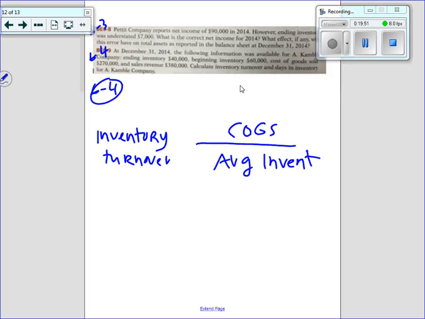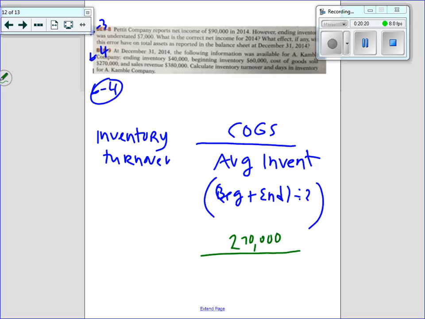We know that average inventory is a little equation in and of itself, where you take beginning plus ending divided by 2. In this case, cost of goods sold, which is $270,000, divided by $60,000 plus $40,000 divided by 2. We are trying to figure out how many times this inventory is being liquidated.